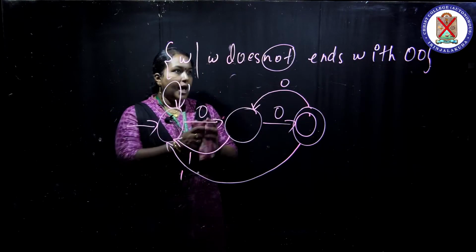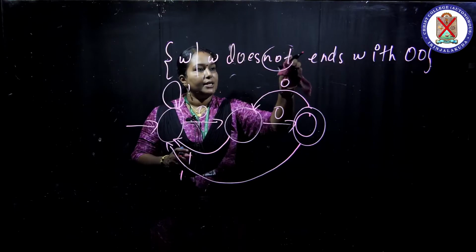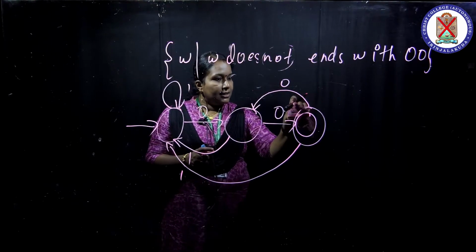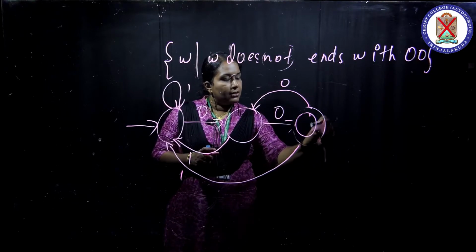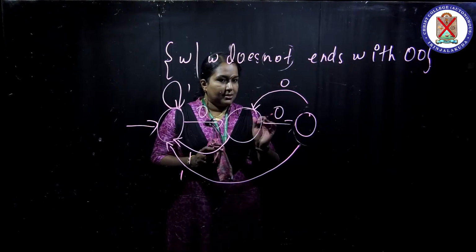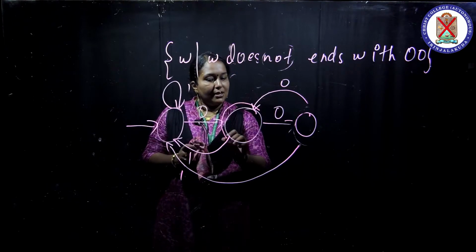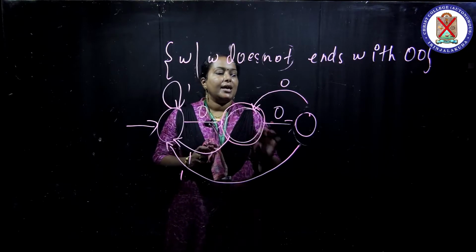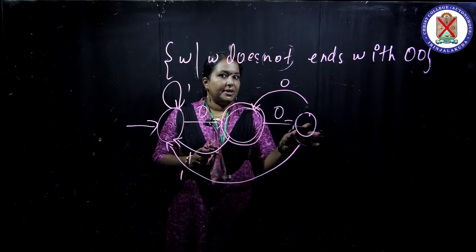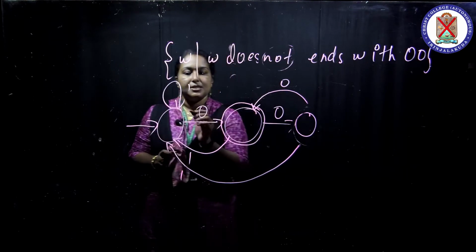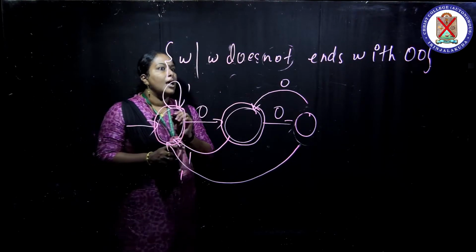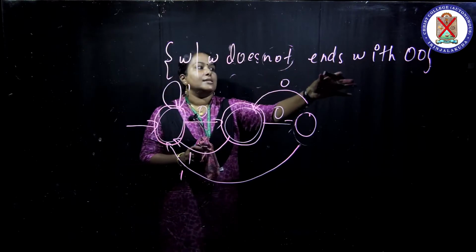Next, when we map to the not, the very easy method is: you make the start state not a start state and the end state not an end state. Sorry, I have made a mistake. The accepting state must become non-accepting, and the non-accepting states must become accepting. This is the logic behind does not end with 00.